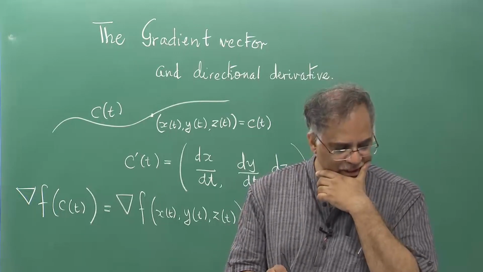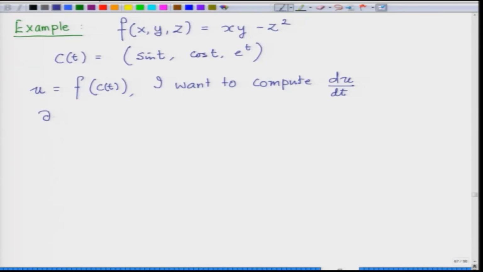So, what is del f/del x? It is y, which would then be evaluated at that point. Del f/del y is x, and del f/del z is minus 2z.